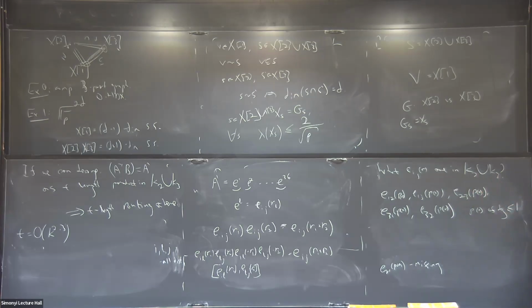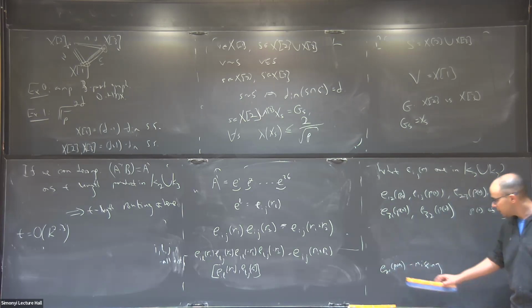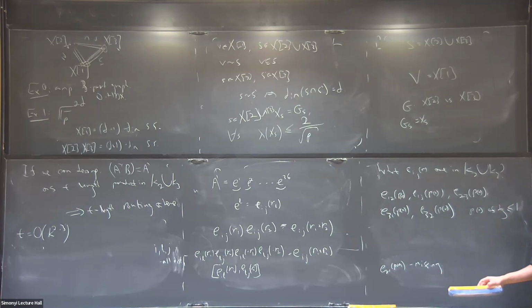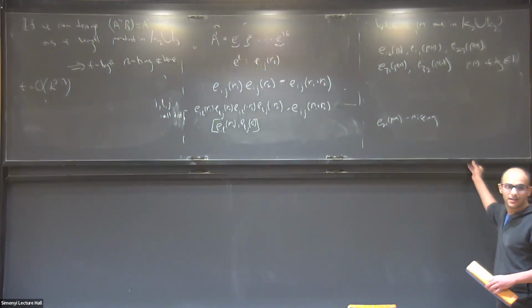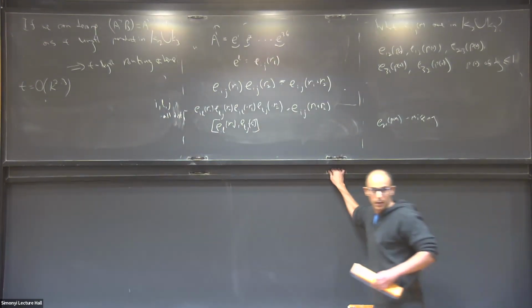I said that E21 is missing. How will we write E21 of PX if PX is of degree 1? Any idea? Right, exactly.